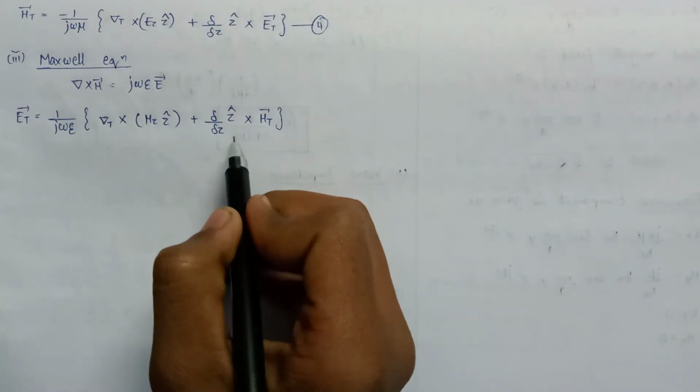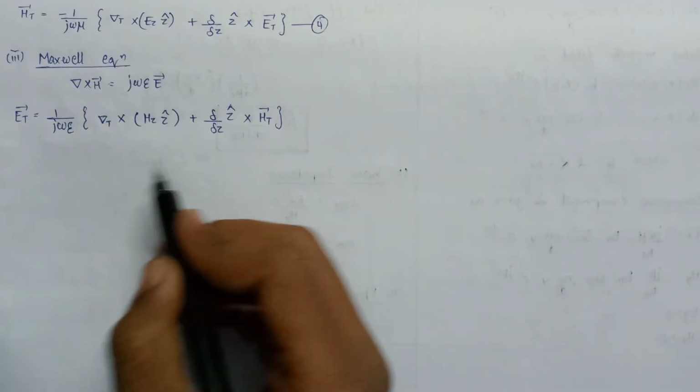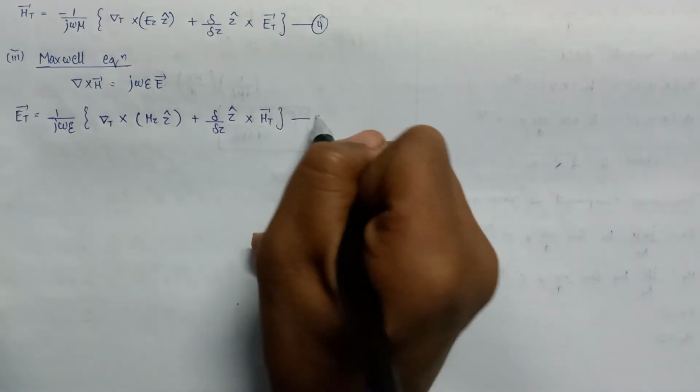So this is the modified equation for E transverse. This is our equation number 5.